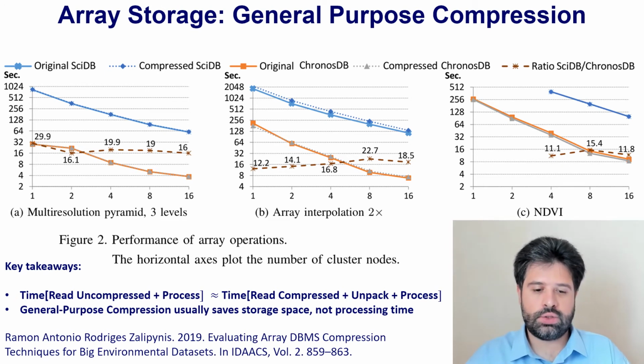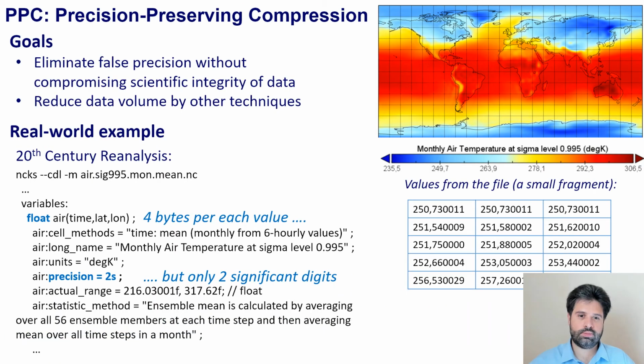These data constitute a large portion of ArrayDBMS workloads. One such technique is precision-preserving compression. It eliminates false precision without compromising the scientific integrity of data, and its goal is to facilitate further reduction of data volumes.